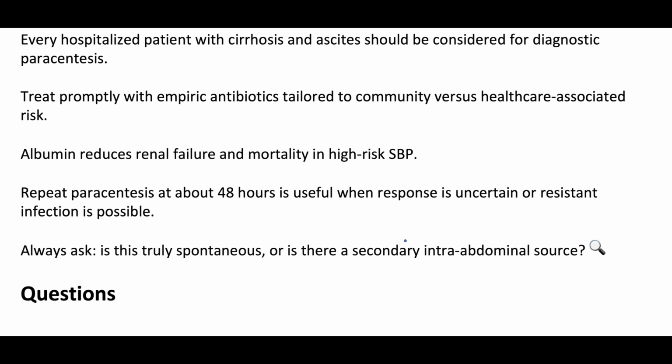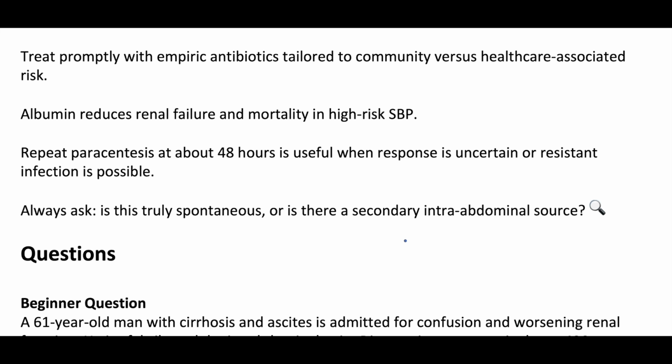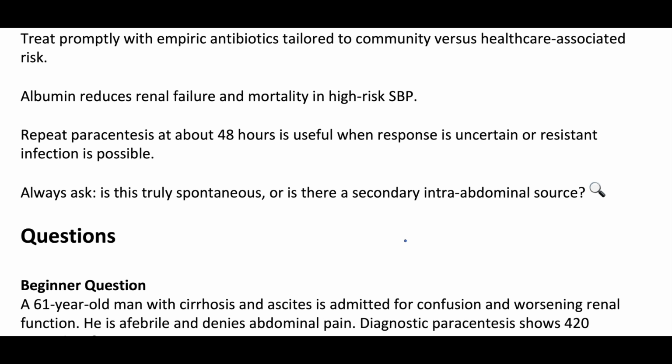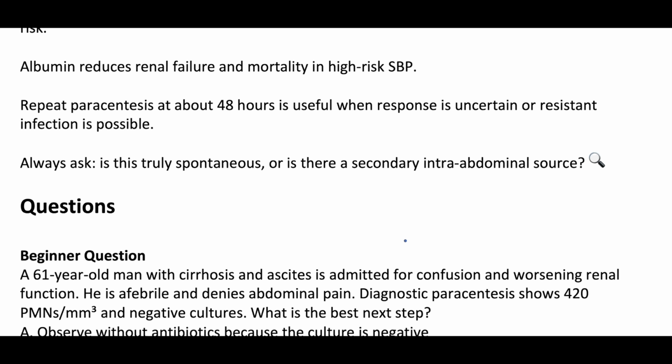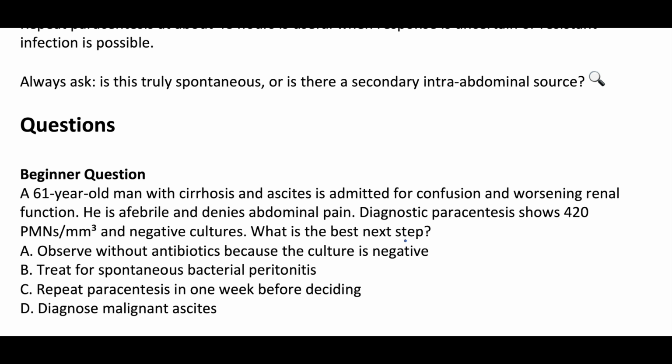Albumin is important. They should be getting albumin. This reduces renal failure and mortality in high-risk SBP patients. Those at high risk or critically ill or not responding how you think they should have a repeat paracentesis 48 hours after initiation of therapy, looking for that PMN count to decrease by more than 25%, and always rule out if there's any other secondary intra-abdominal source.